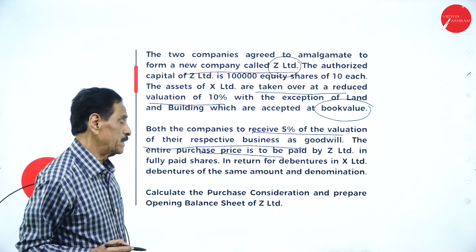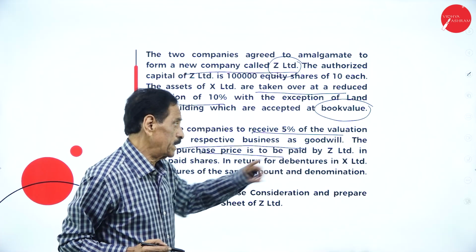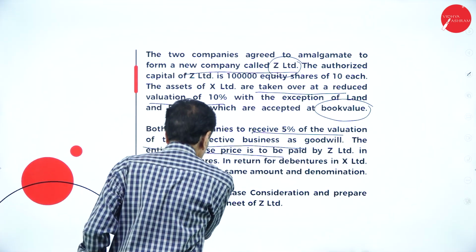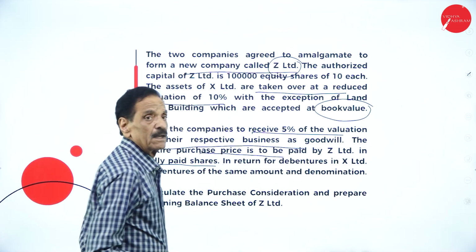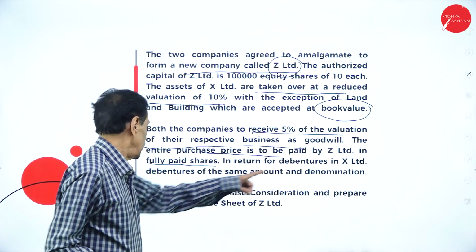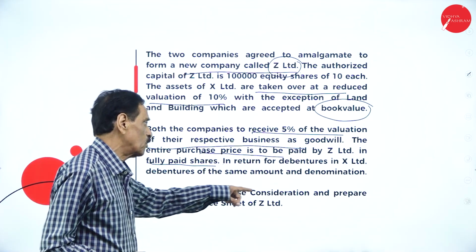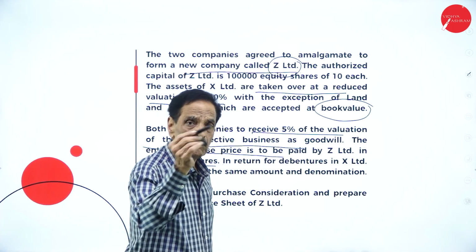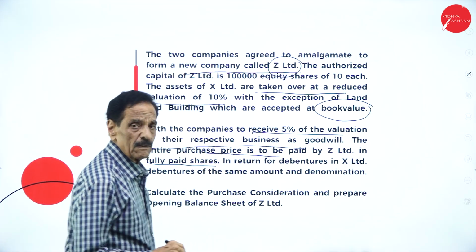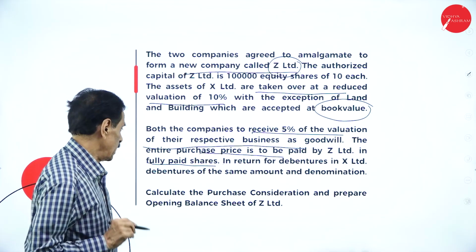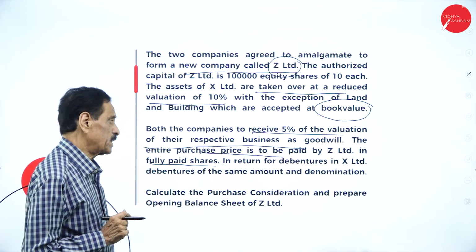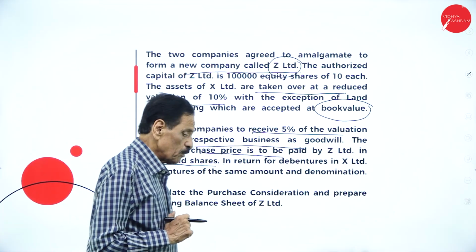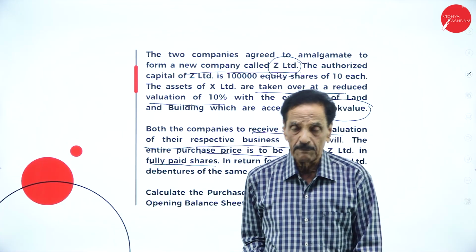The purchase price is to be paid by Z Limited in fully paid shares. In return for debentures in X Limited, debentures of the same amount and denomination, whatever the amount of debenture is there, will be retained in the new company also. Calculate the purchase consideration and prepare the opening balance sheet of Z Limited.